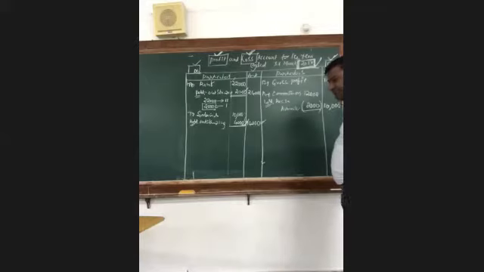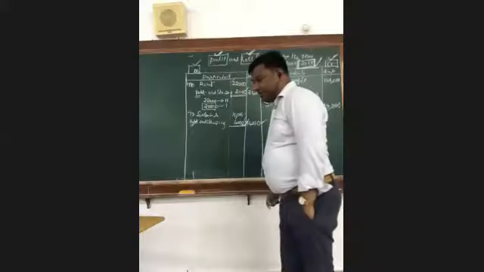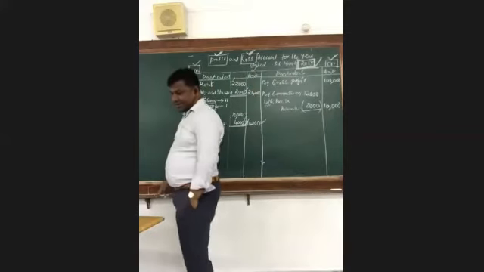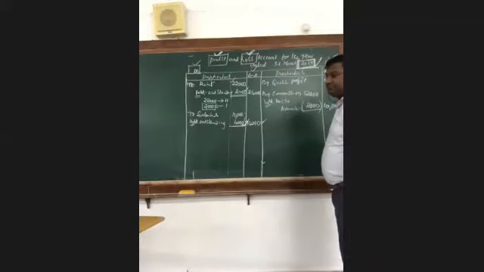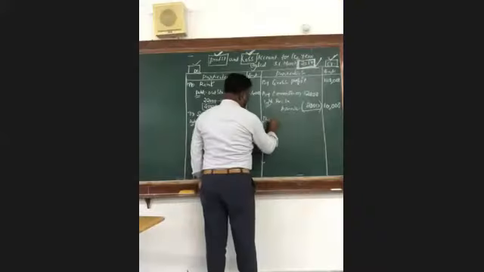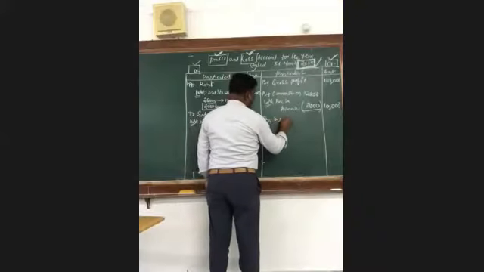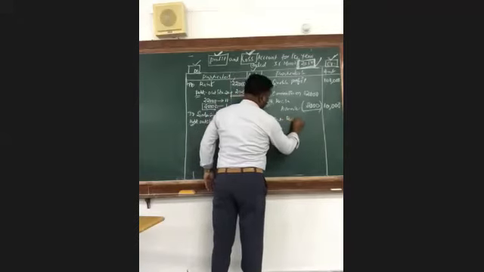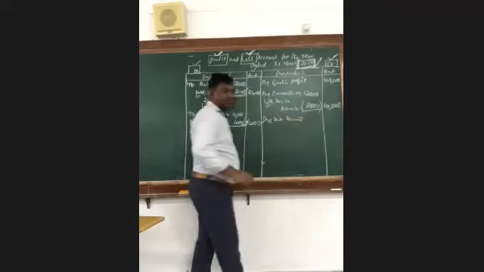What's the next item? Discount received. Is it an income or expense? Income. By discount received. Is there any adjustment for that?